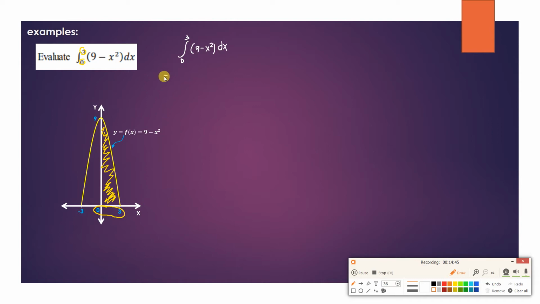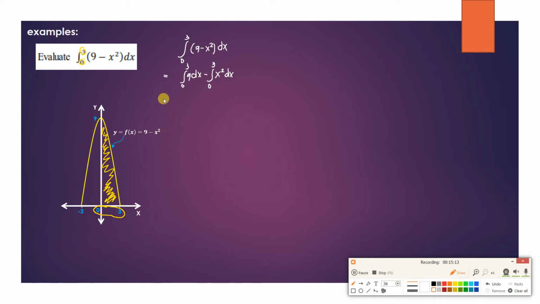Sabi doon sa theorem niya, you're just going to get its integral value. I-integrate nyo muna, huwag nyo muna isipin yung limits. So the integral of 9 minus x squared can be separated into 9 dx minus integral of x squared dx, both having limits from 0 to 3. So huwag kakalimutan yung limits na yan.